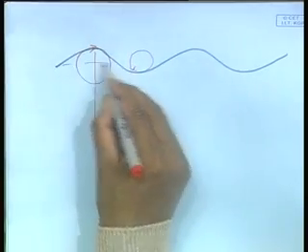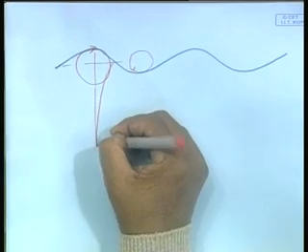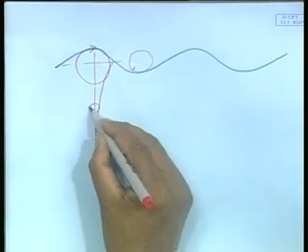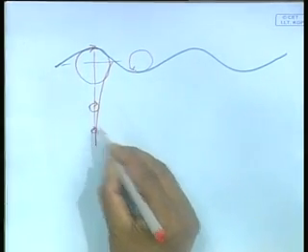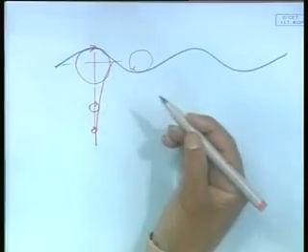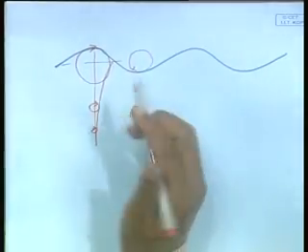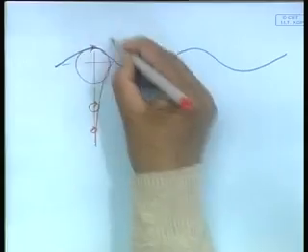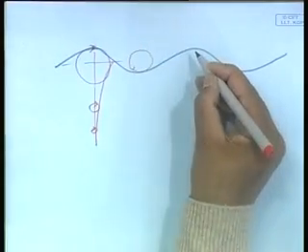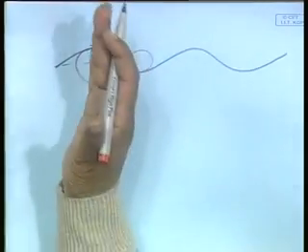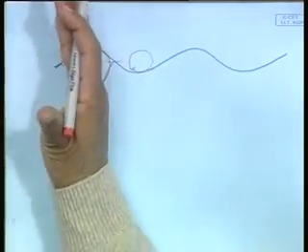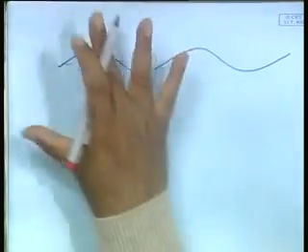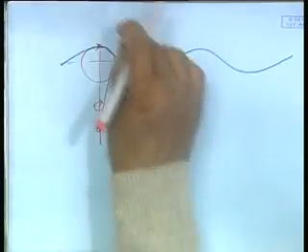Since I mentioned earlier that everything diminishes with depth, in here the particle will move this way, in here the particle will move this way, etc. So, the particle motion is basically a circular path. That means, if I were to put a particle here, it actually stays in the same place going like that, it does not move forward according to linear theory. So, there is no net mass moving forward as per linear theory, it is only the form that is moving forward. So, the particles are just moving like this.